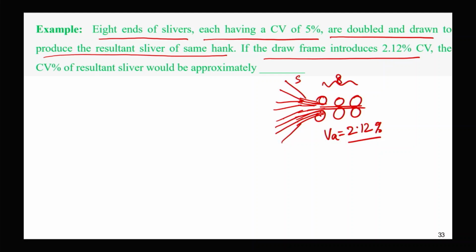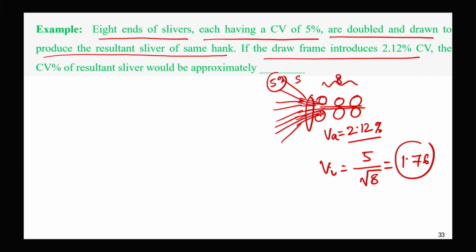Now the individual CV is 5% for each sliver. First we have to calculate the input material. So CV of the input material will be 5 by, as 8 doublings are there, under root 8, which is 1.76.